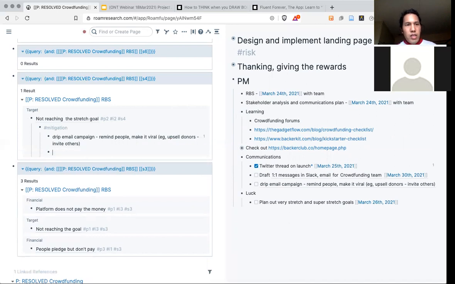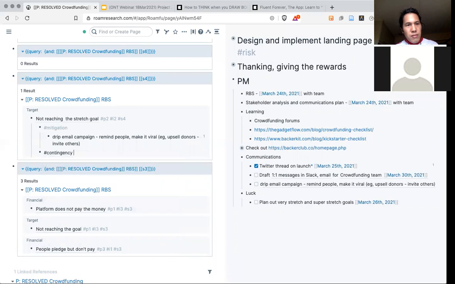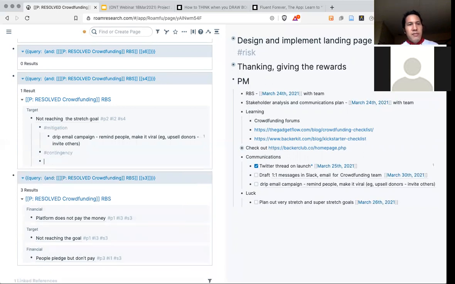How about contingency? Any thoughts on contingency in this one? Contingency would mean that the risk happened. So what will you do? You miss the stretch goal.